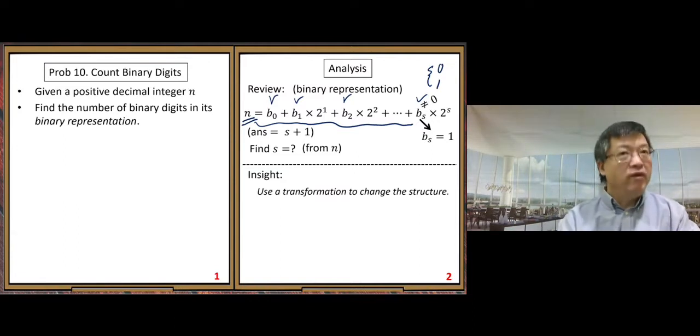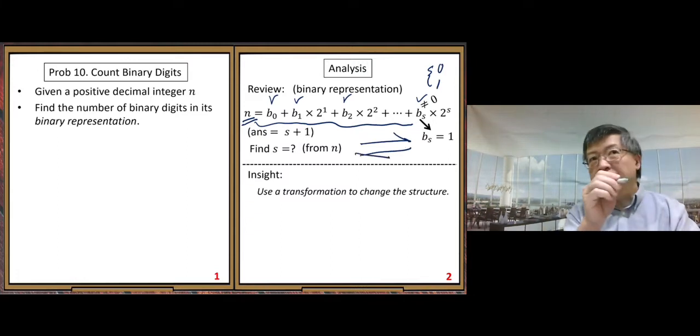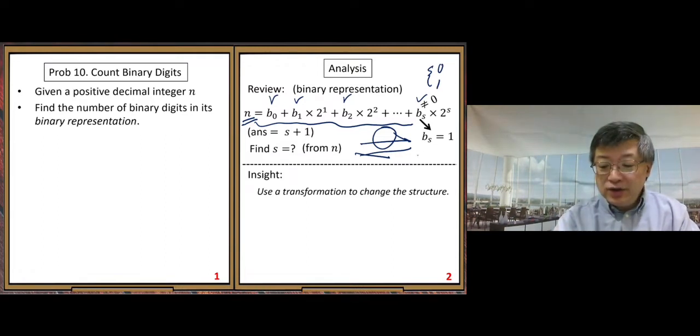Equivalent means two directions: you can go this way, and you can also go the opposite way. But sometimes we only need one way, one direction. So not necessarily equivalent, but derived from that formula. For this question, we need one way, not equivalent.